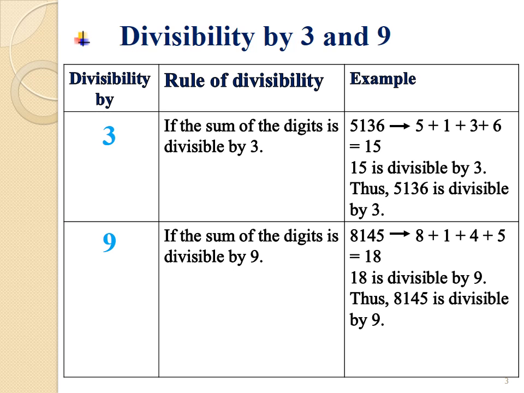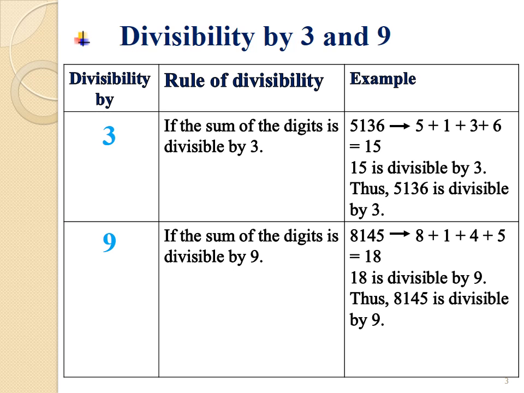Example, 8145. Students, a number is said to be divisible by 9 if the sum of its digits is divisible by 9. So, now let us find the sum of the digits of 8145 by adding the digits 8, 1, 4 and 5.